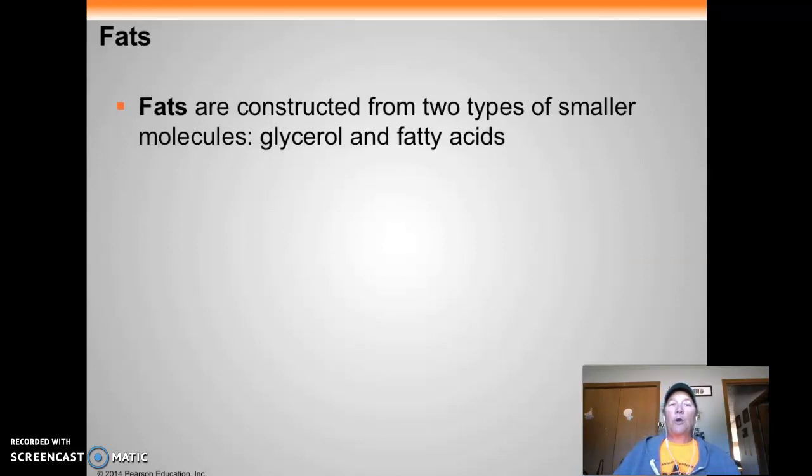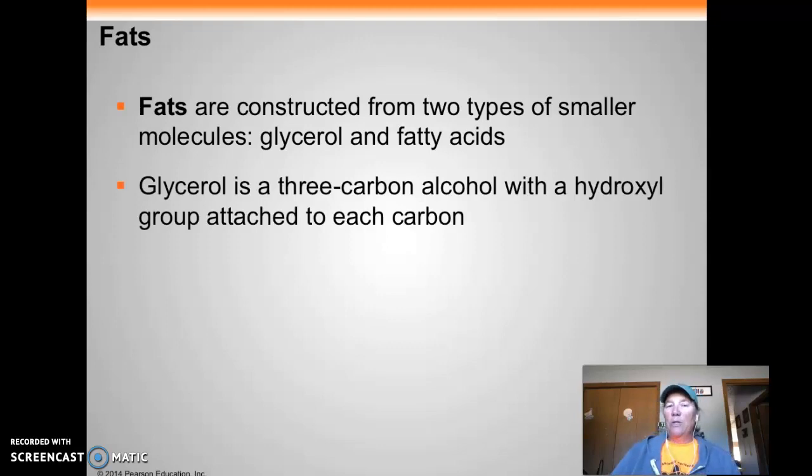So fats are constructed by two smaller molecules. There's one called glycerol, and then there's fatty acids. I don't know if any of you hear about people getting their blood tested for their triglycerides. They're checking on their fat level. But anyway, they're stuck together. Glycerol is a 3-carbon alcohol. And then you'll get these three, and they'll have a hydroxyl group.